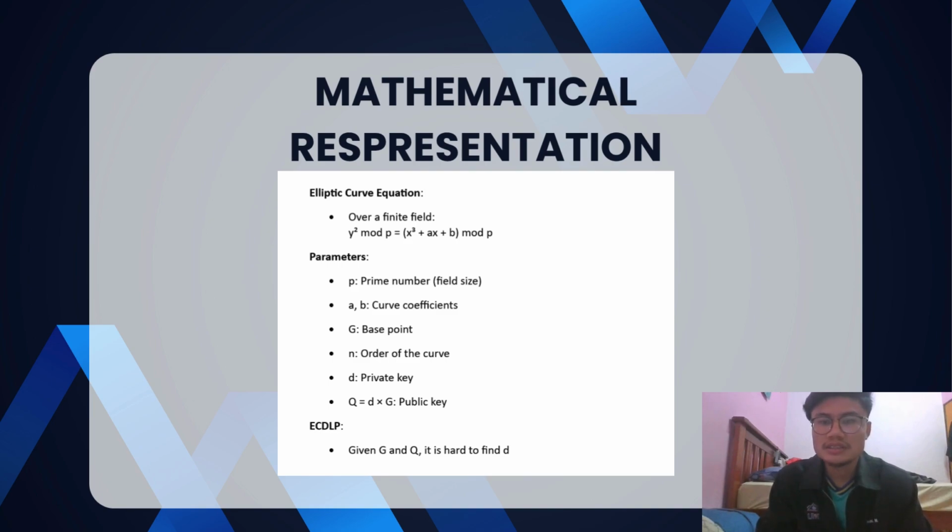That's why ECC is so strong even with smaller key sizes. To summarize, ECC depends on the mathematical difficulty of reversing point multiplication over a defined elliptic curve. This is what gives ECC its security while remaining efficient for devices with limited resources.